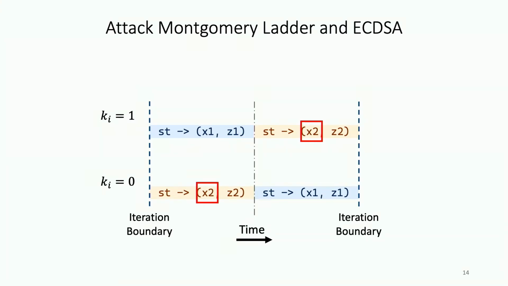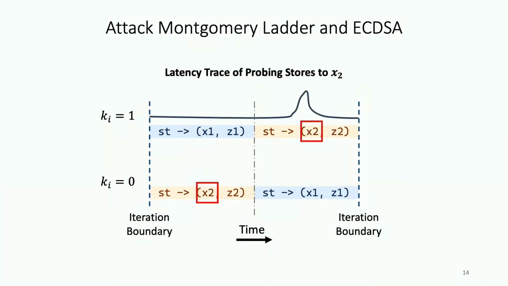When those stores are happening, we will see a latency increase. And if the latency increase is in the second half of an iteration, we know ki is 1, otherwise ki is 0. Note that, unlike prior examples, the functions we are targeting here do not have enough store instructions to build the contention to its maximum value, 20,000 cycles, but nevertheless, the contention is still very obvious.